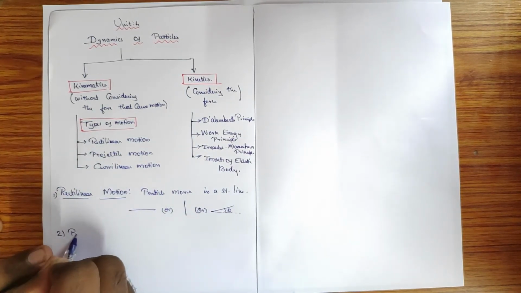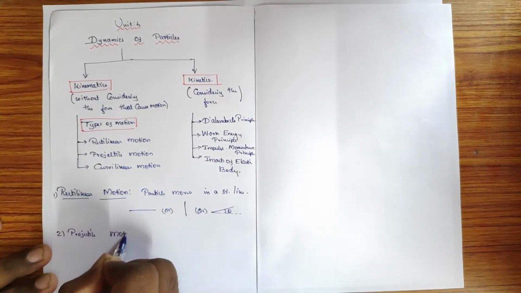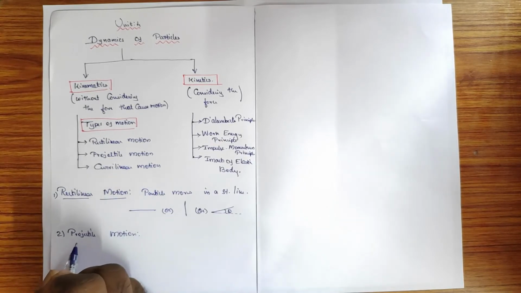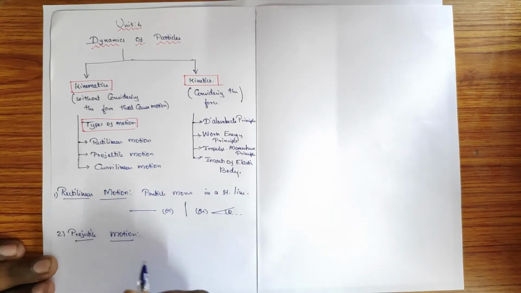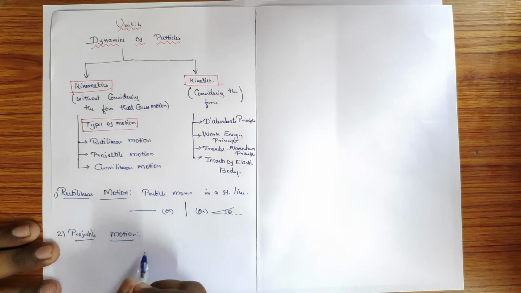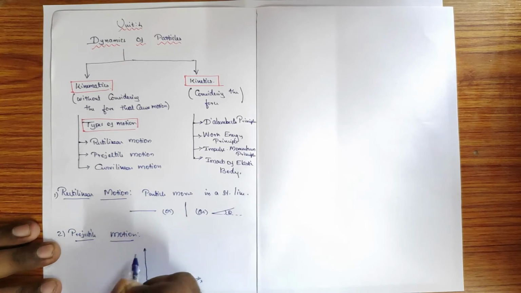projectile motion. What do you mean by projectile motion? Projectile motion is when a particle is thrown or projected at an angle. For that I shall take XY axes so that you will get what exactly I am trying to say.